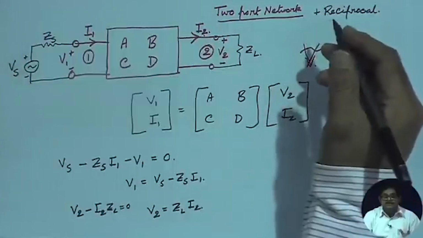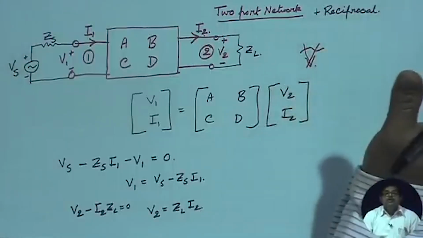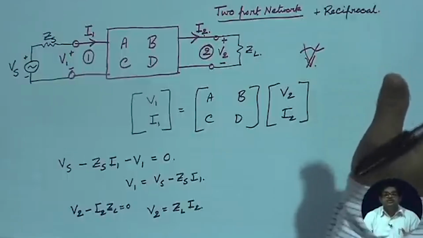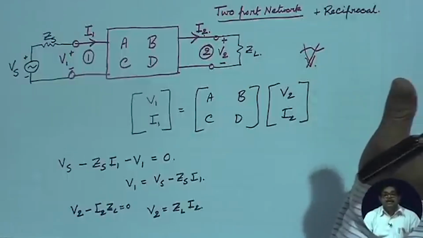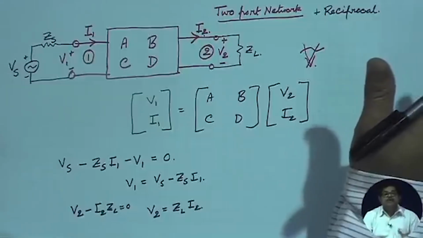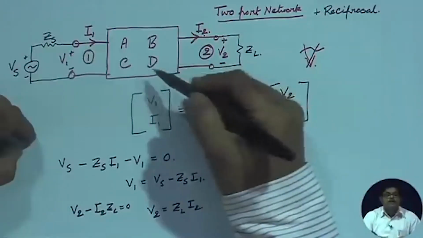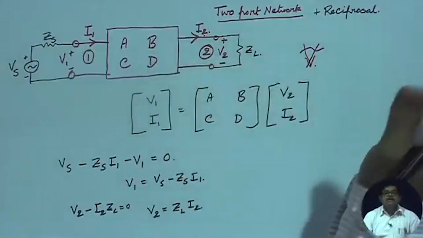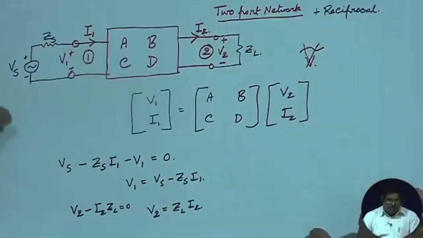Now, if the whole network is reciprocal, these two should be equal: the transfer impedance in case 1 and in case 2. From that I will find the relationship between A, B, C, D so that this network is reciprocal. Towards that, first I keep this same circuit diagram.